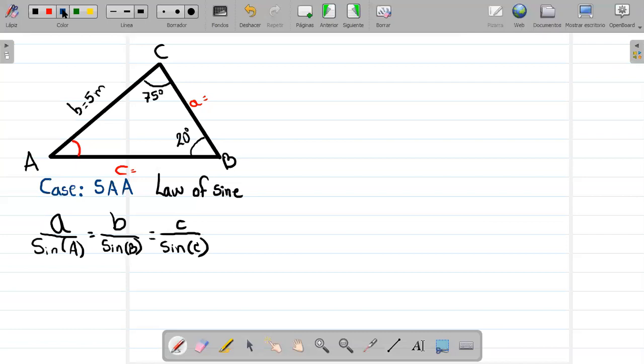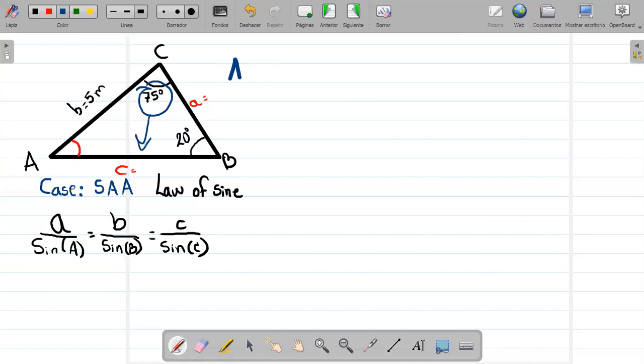Side C. Why the side C? Because you have the angle B, the side B, and the angle C. So you have to look for side C. Excellent. Thank you. Nice analysis. That's what I need. If you're clear with how the law of sine works, then completing that information is going to be very easy. You know the angle C, okay?